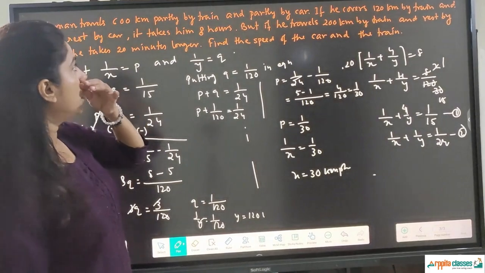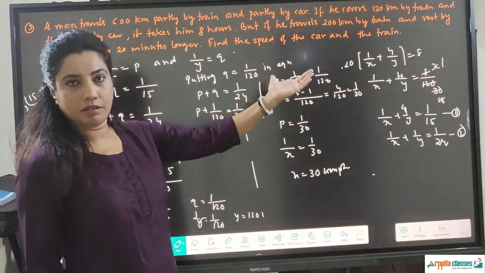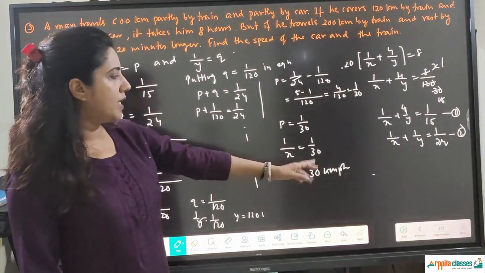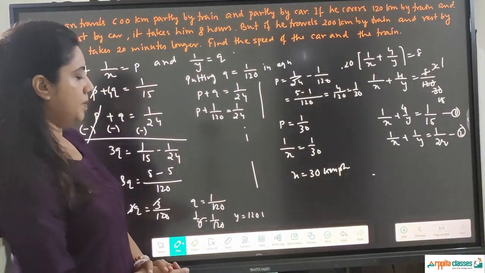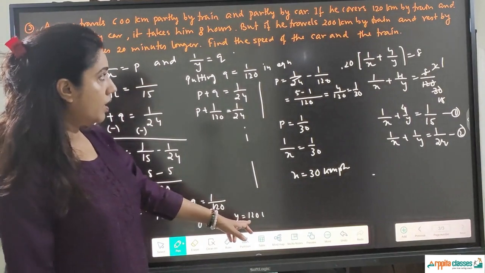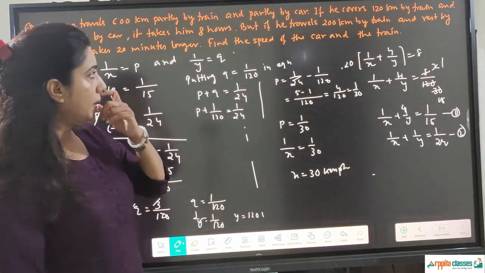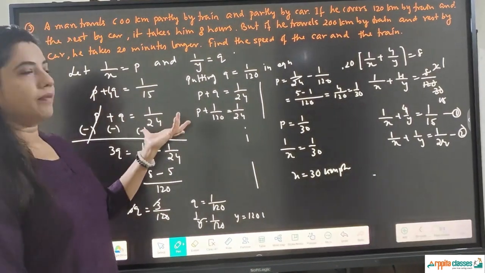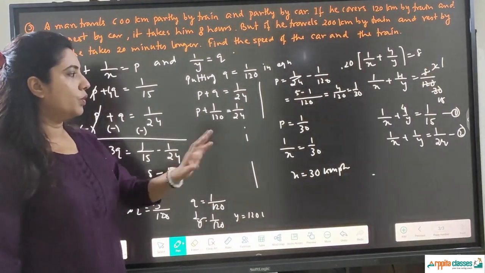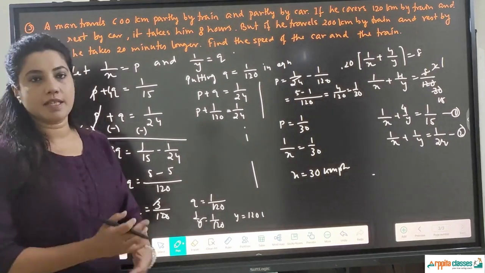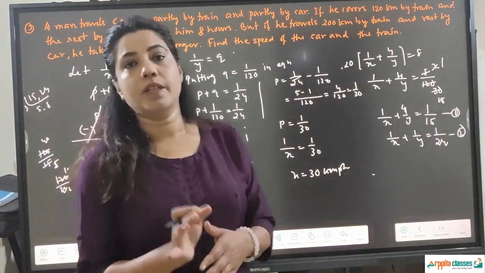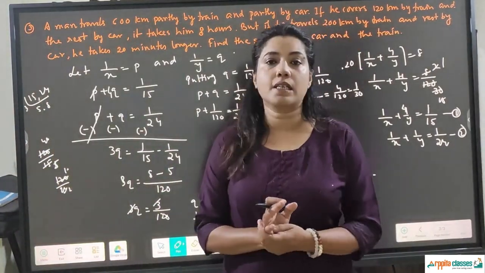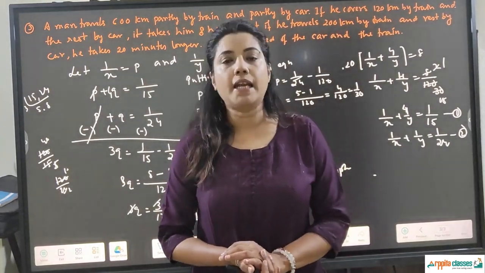So the speed of the train, I think I had taken as x. So speed of train is 30 km per hour and speed of car is 120 km per hour. So whatever we have taken as x and y, just go through it and accordingly write down the answer. So here we have completed type number 6, that is problems based on speed and time.